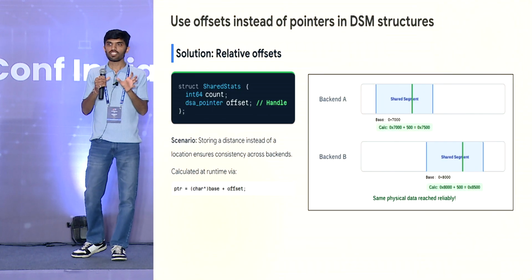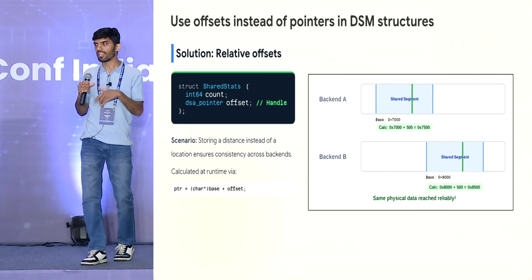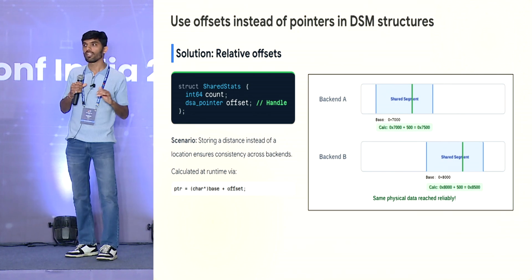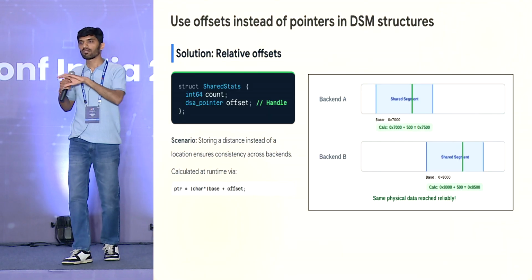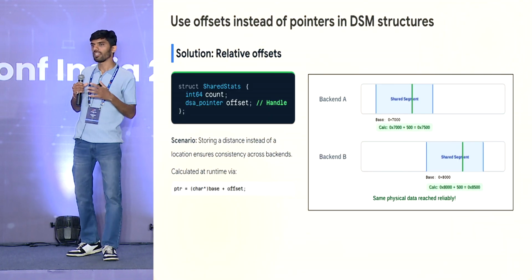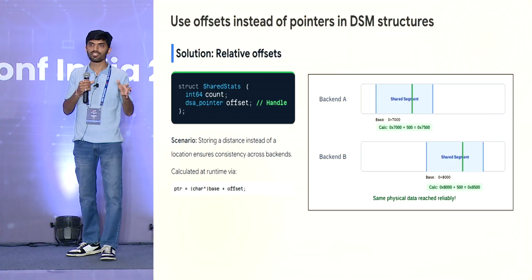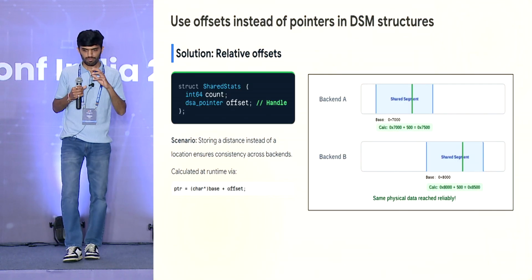If the same thing is completely in the struct, then it is not an issue because any other backend will use it. But whenever you have a pointer to any other thing, you always need to keep an offset so that the next backend, which gets attached at a different address, can also seamlessly calculate it with the offset and hence get the actual memory location instead of having a memory corruption.